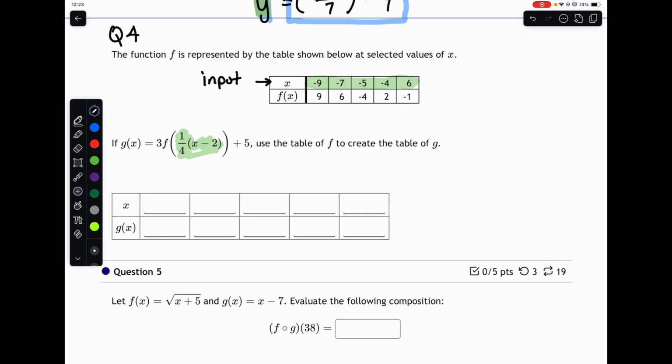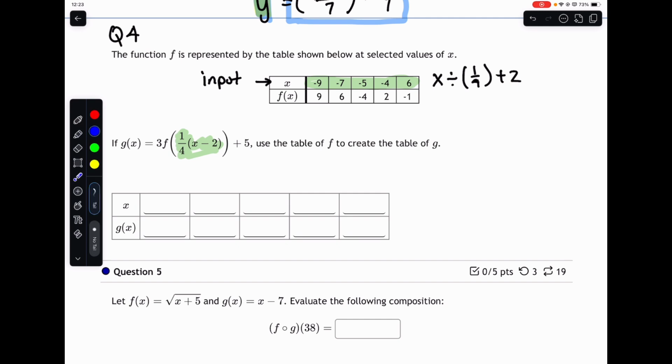So here, we're not going to multiply by 1 over 4. We're going to do the opposite operation, and these input values are going to be divided. So I'm going to write x divided by 1 over 4. And instead of subtracting the number 2 from the x's, we're going to do the opposite operation and add the number 2 to those x's.